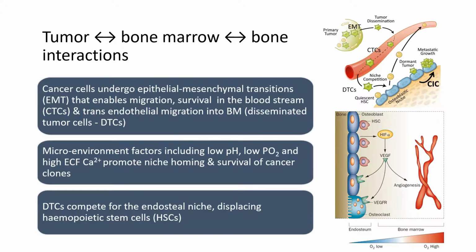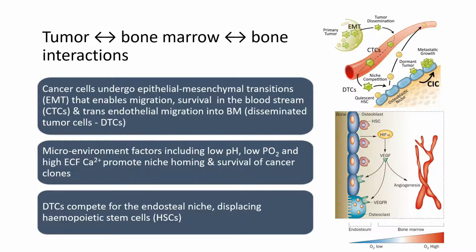But before we go into this mechanism, we need to discuss how tumors go from their primary site into a metastatic bone marrow site. Cancer cells have to undergo an epithelial mesenchymal transition, and this enables survival within the bloodstream, but also promotes the transendothelial migration from the blood vessels into the bone marrow space.